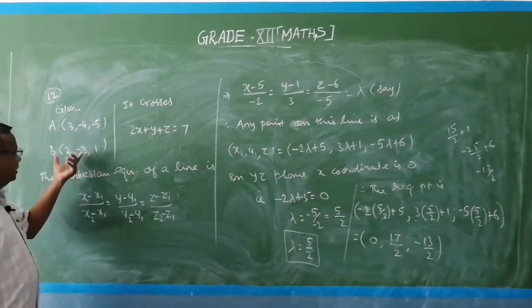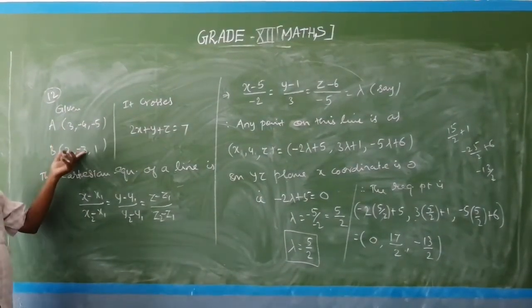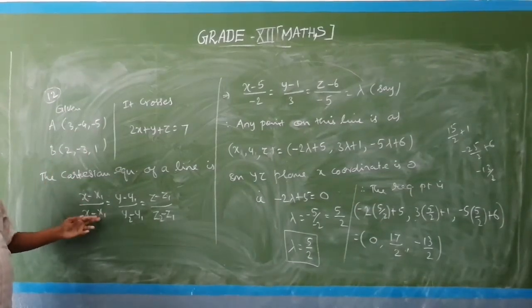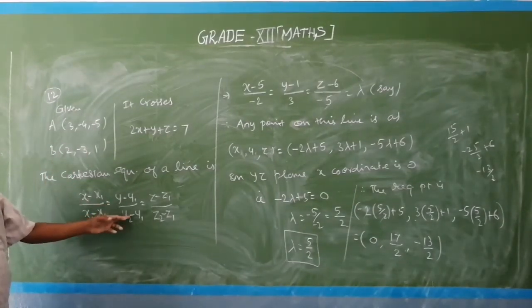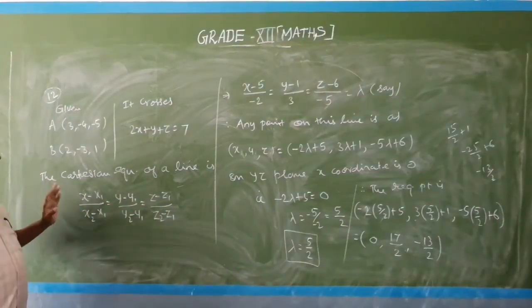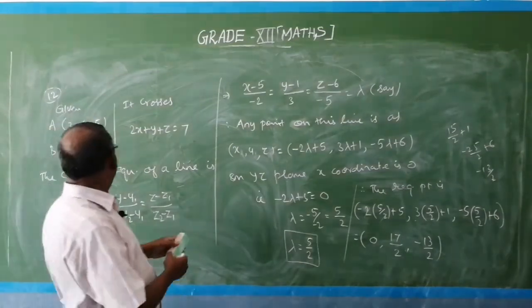The Cartesian equation of a line passing through two given points is x minus x1 by x2 minus x1 equal to y minus y1 by y2 minus y1 equal to z minus z1 by z2 minus z1. So we are substituting the points here.